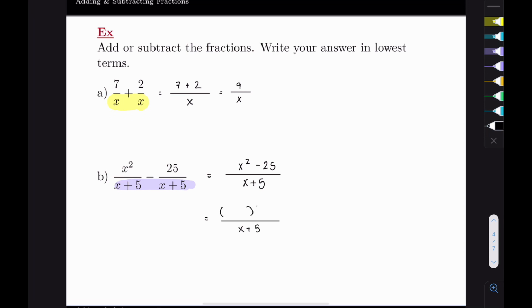It does factor nicely to x plus 5 times x minus 5. And now the x plus 5 factors cancel each other out. So all we're left with is x minus 5 in the numerator, 1 in the bottom, which is not a problem. That's just going to cancel because x minus 5 over 1 is x minus 5. So that is our simplified expression.